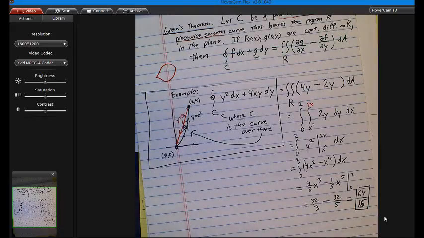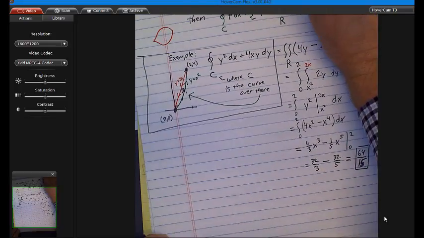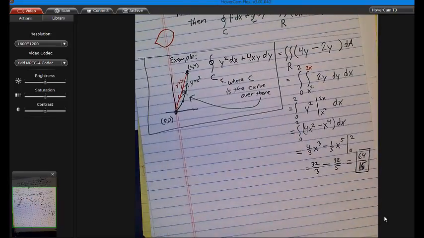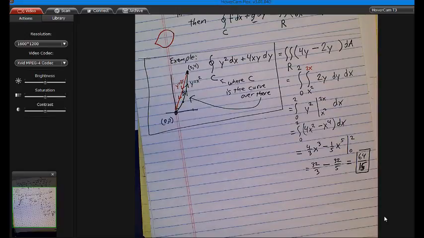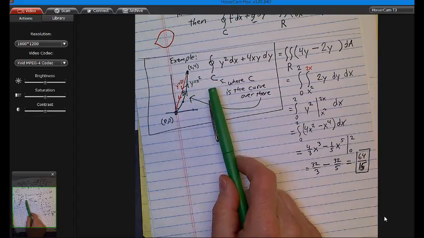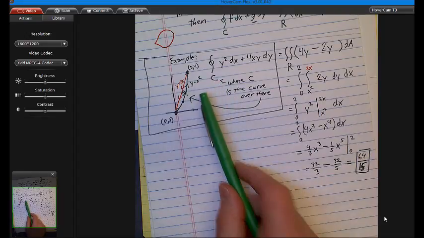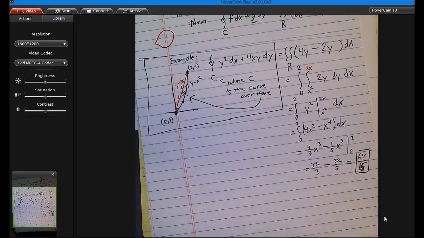What if we wanted to do the same problem the line integral way? Well, if you want to do it the line integral way, of course you need to split it up. You're going to rewrite in the following way.